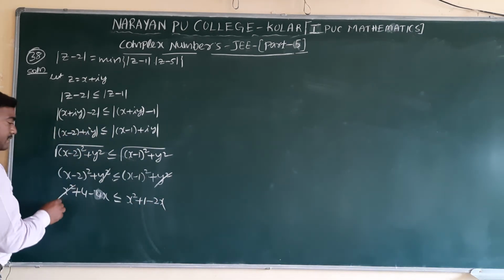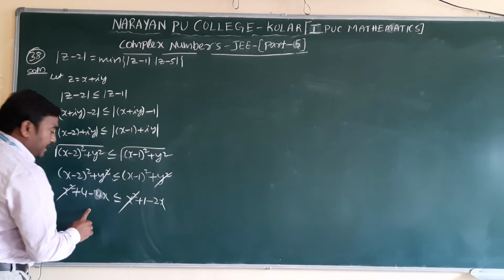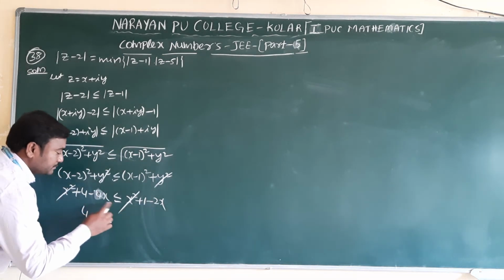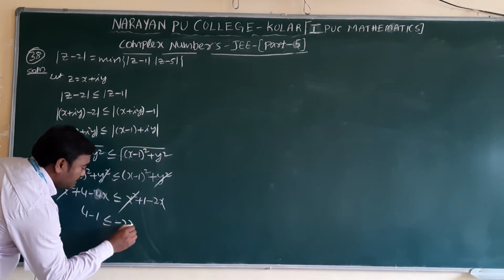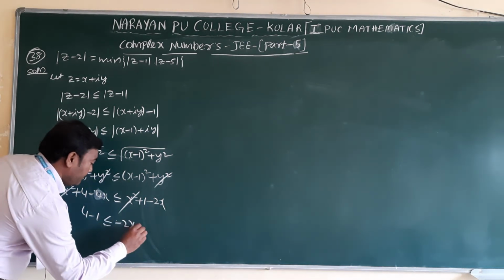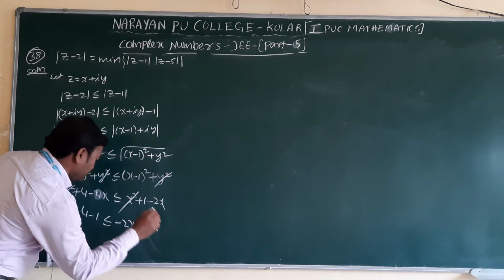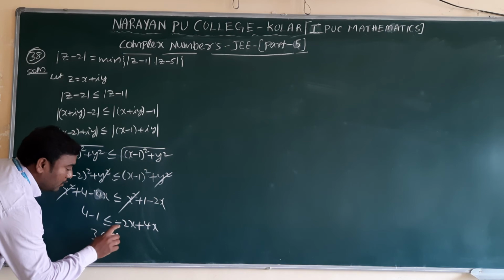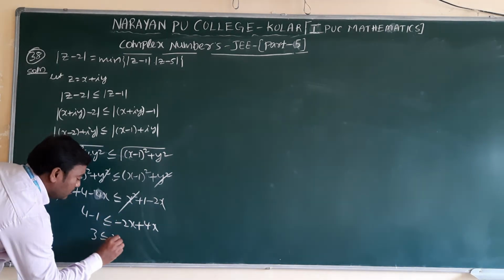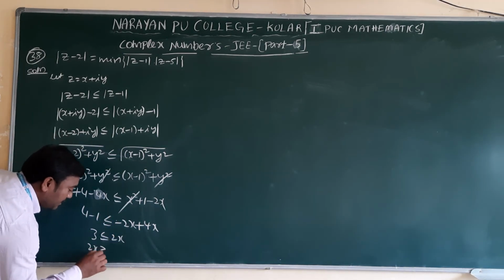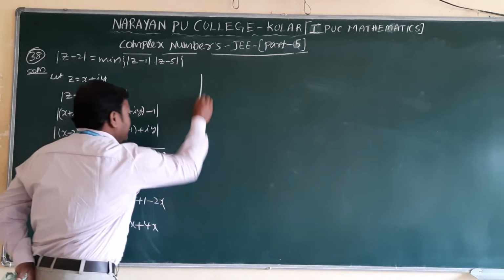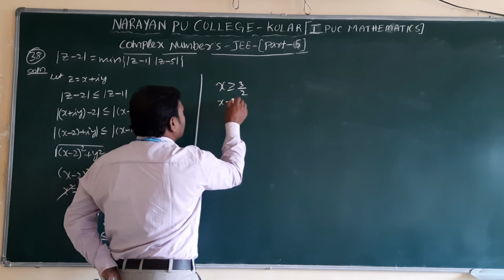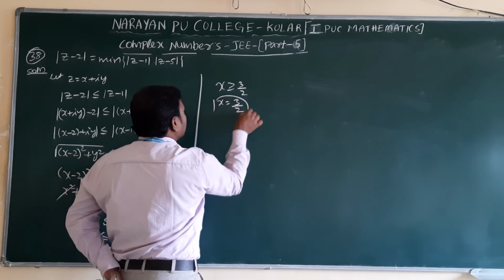So here x square gets cancelled, remaining 4 minus 1 is less than or equal to minus 2x plus 4x. So 4 minus 1, 3 is less than or equal to 2x, but 2x is greater than or equal to 3, so x is greater than or equal to 3 by 2, but x is equal to 3 by 2.